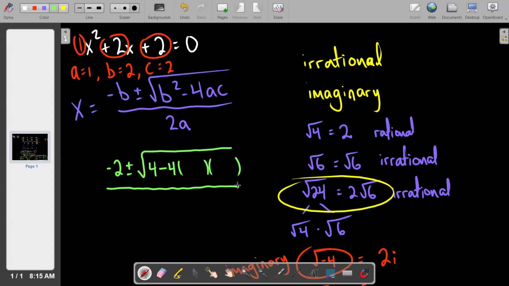What's 2 times a? 2 times 1 is 2. Good. And now I like to backfill those blanks, and those blanks, you'll recall, are a and c. So what goes in the first blank? 1, because that's a. And what goes in the second blank? 2, because that is c.